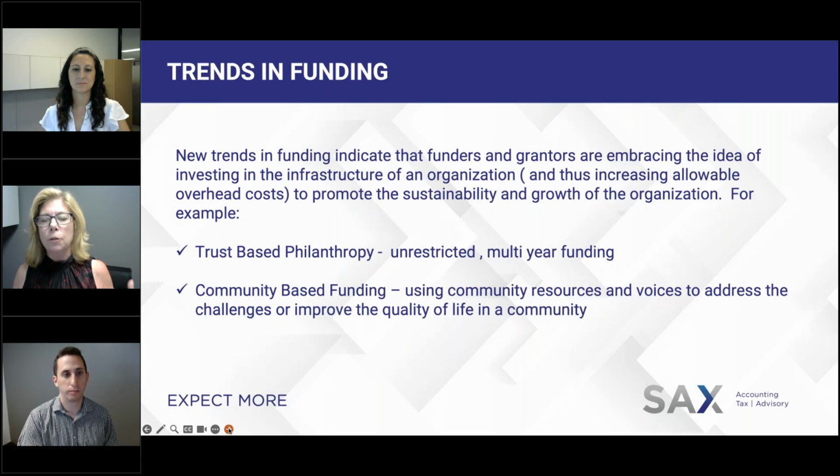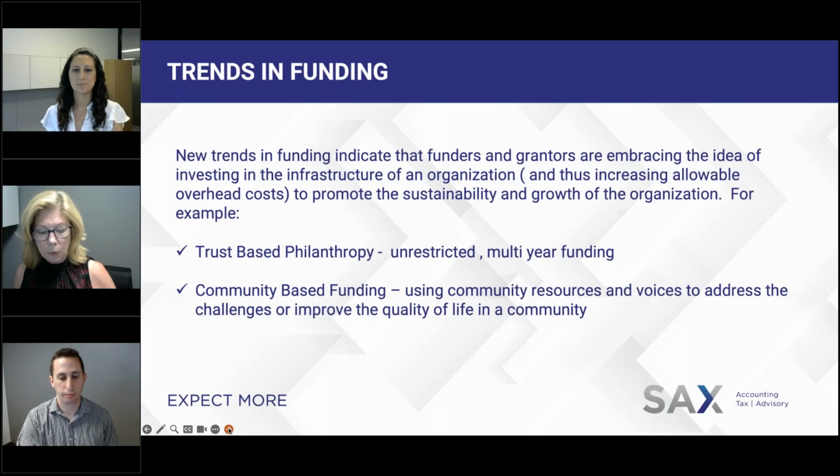The whole panel talked about funders moving towards trust-based philanthropy, understanding that funding is a conversation between the funder and the grantee, a collaborative process, with trust that the organization knows what they're doing and knows the best use of those funds, even if that means a large portion of those funds goes towards overhead to build capacity.